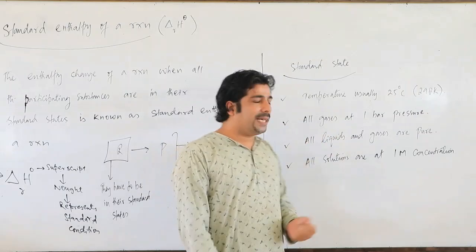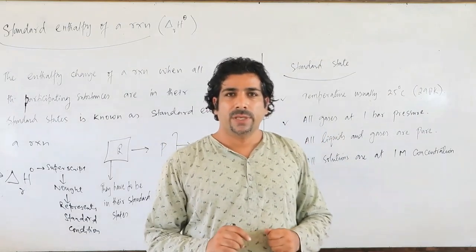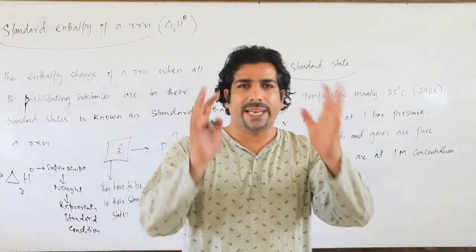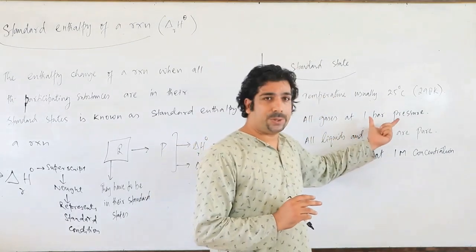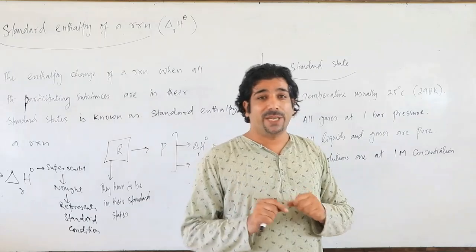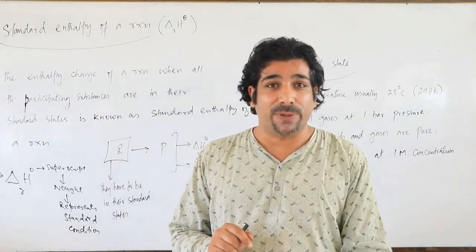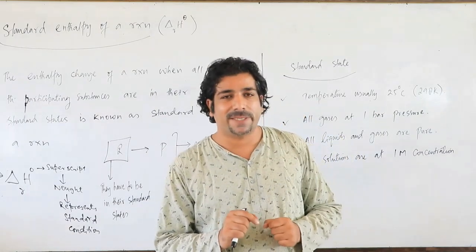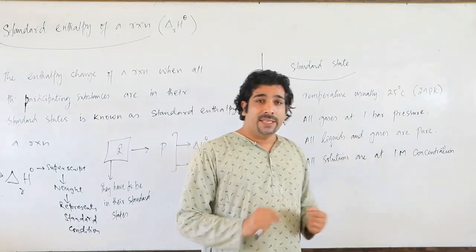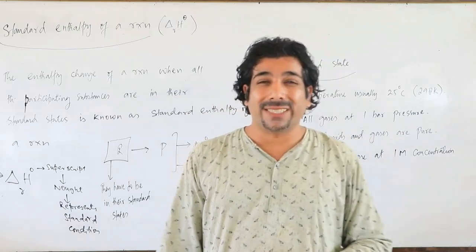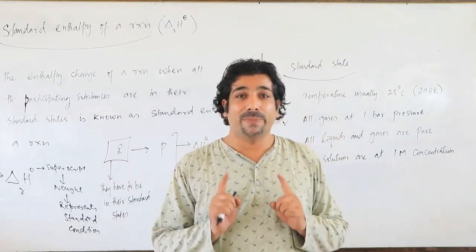Second thing, all gases at 1 bar pressure. If you take gas as a reactant, that gas should be at 1 bar pressure. And you can mention in place of 1 bar pressure as 1 atmosphere pressure also, because there is not much difference. And if you take liquids and gases, they have to be in the pure state.